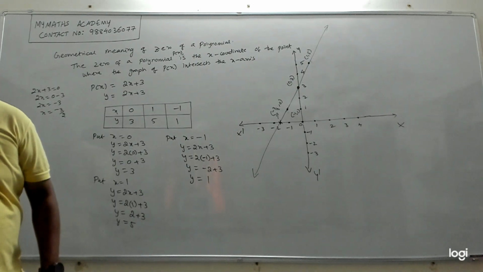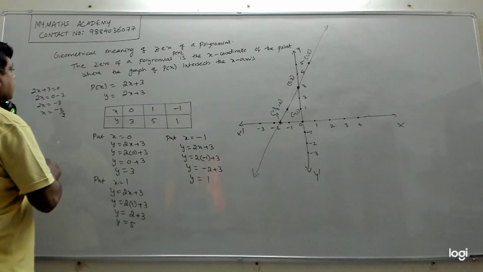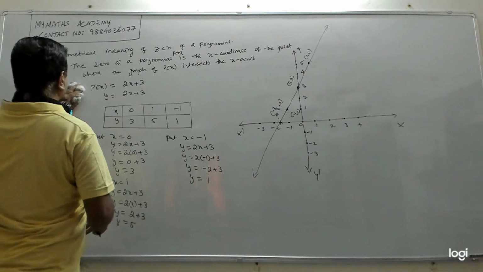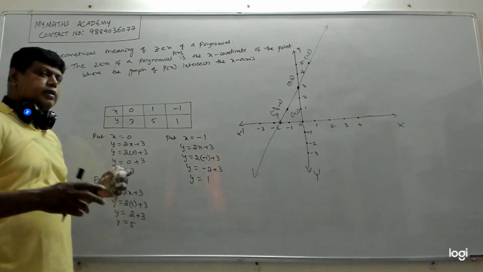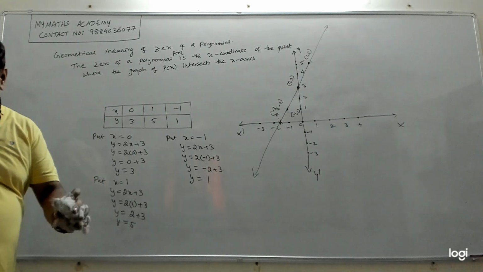Now we will do one more graph for a quadratic polynomial. Let's take one more example. I'm going to erase all this. Let's take an example that is given in the book so that it is easy for you to understand. I am at page number 23.